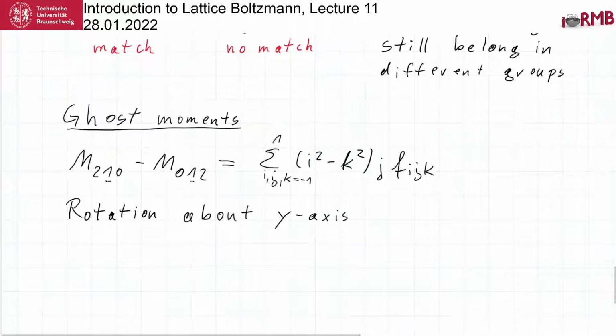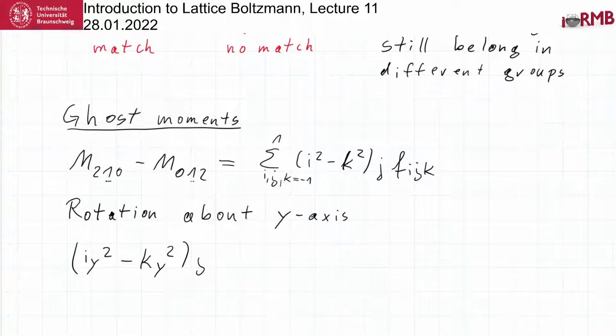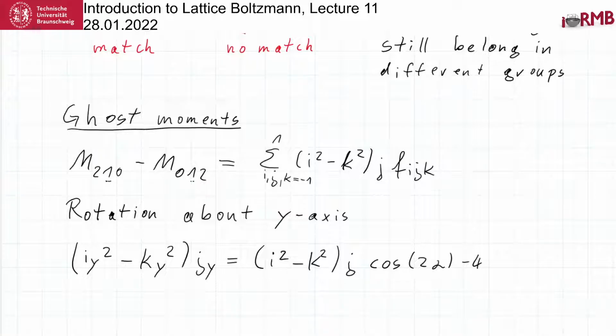Then what is going to happen is that we have ij, y square minus ky square into jy, and if I computed this correctly, this would give us i square k square j cosine 2 alpha minus 4 ijk cosine alpha sine alpha.